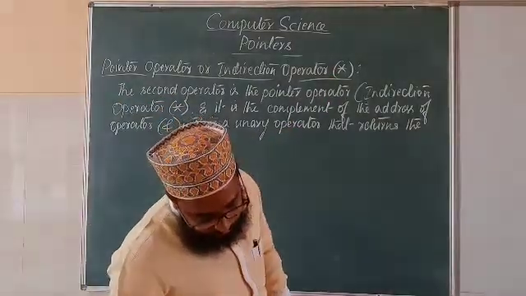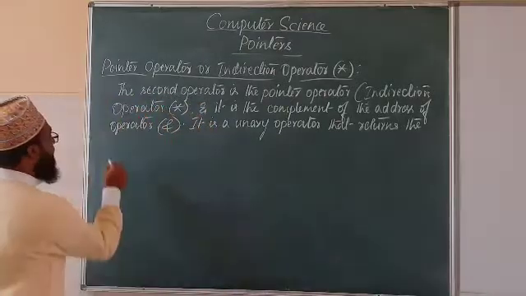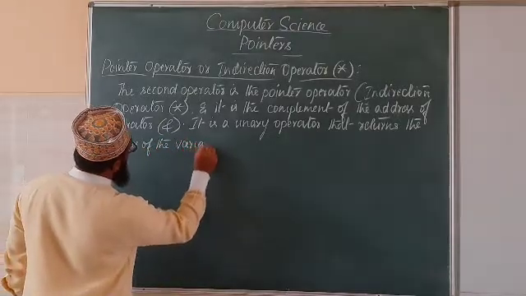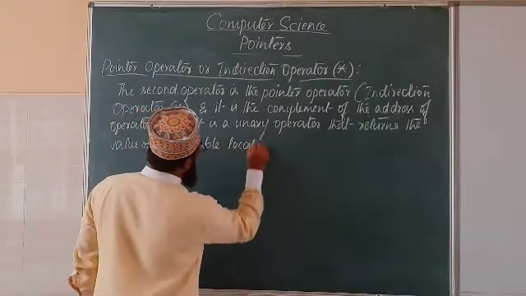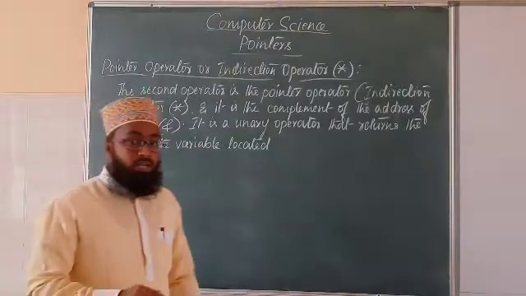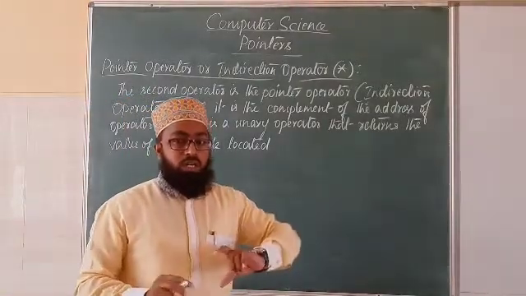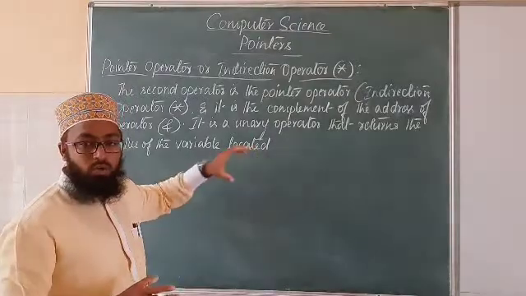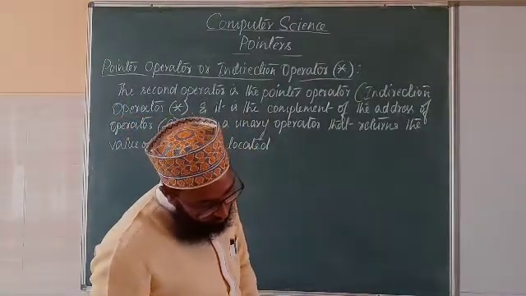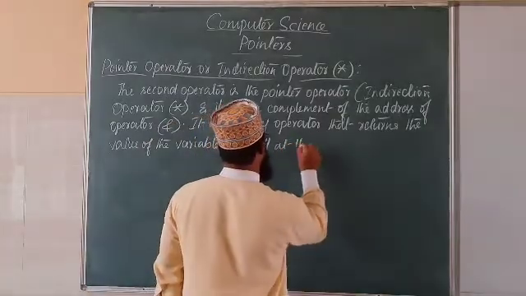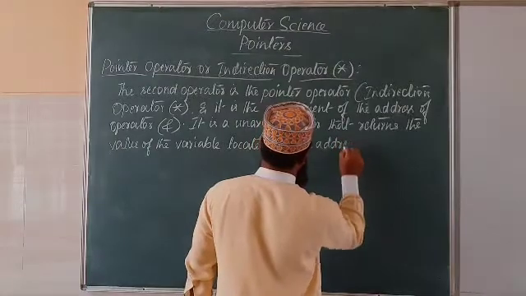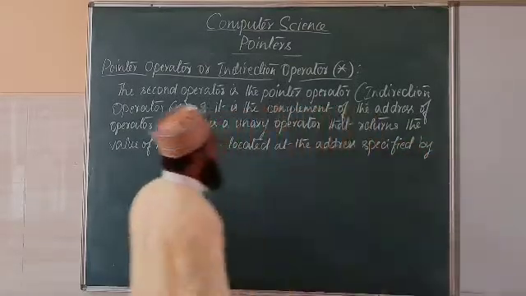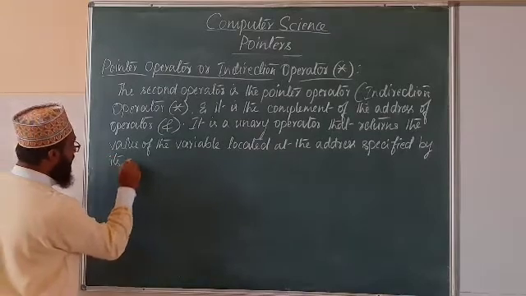It returns the value of the variable located at the address specified by its operand.